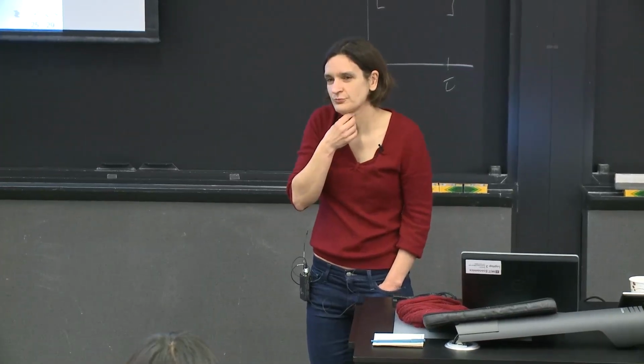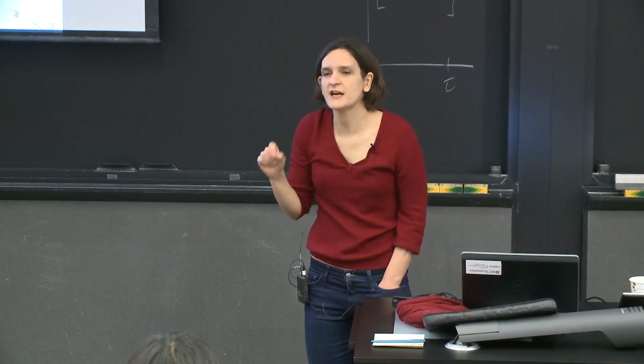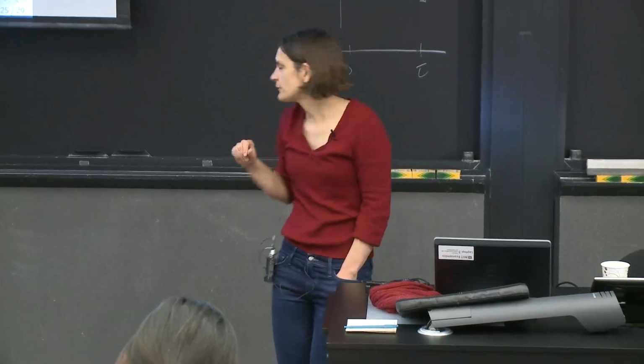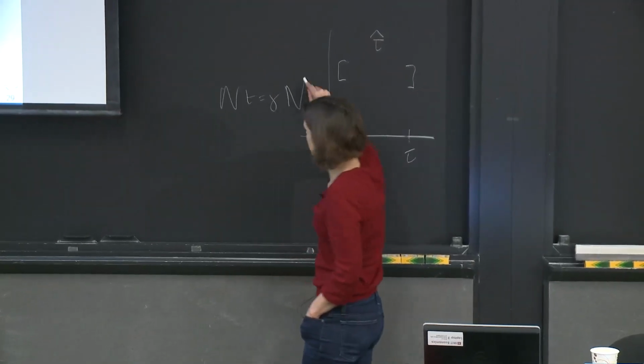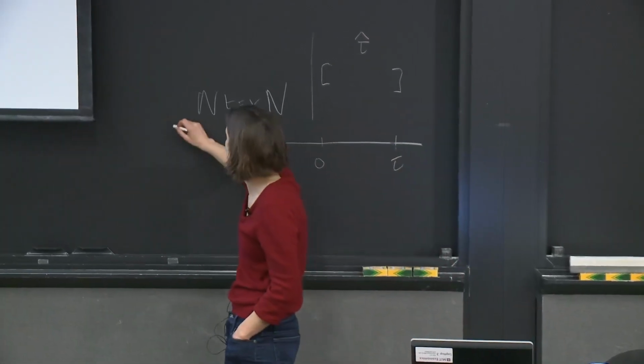What puzzles you? If you could explain what gamma is. Gamma is the fraction of the sample that's assigned to the treatment. So N_T is gamma times n, and N_C is 1 minus gamma times n.